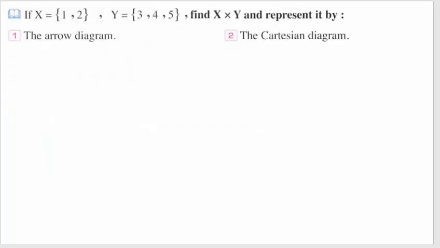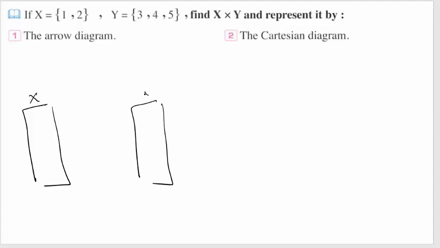Let's do more examples. If x equals 1 and 2 and y equals 3, 4 and 5, find x product y, representing it by the arrow diagram and the Cartesian diagram. I will start with the arrow diagram. Here it's x and on the other side y. x has only 1 and 2, y has only 3, 4 and 5.